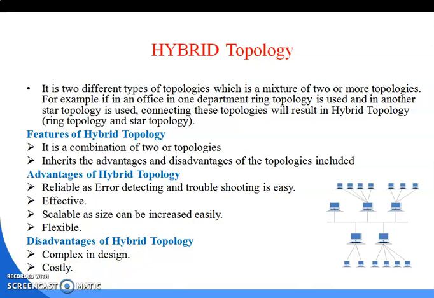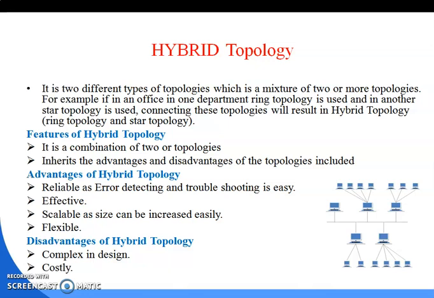Generally the hybrid topology is more advantageous as compared to its disadvantages, because when you can access more than one type of topology, you can inherit all the advantages of different topologies. But the disadvantage is that it is very complex in design.